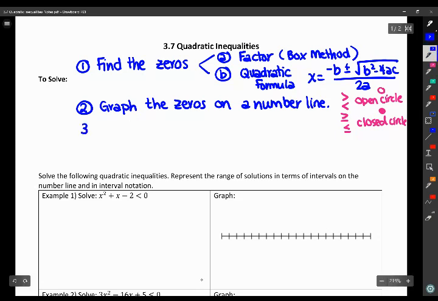The third thing we're going to do is find the interval, or intervals, since it might just be one, that are true for the inequality.